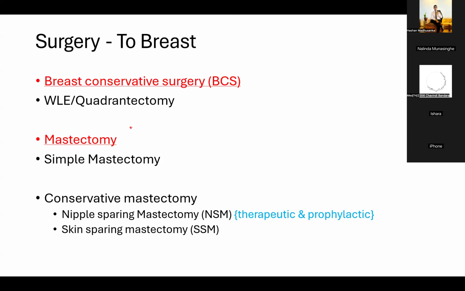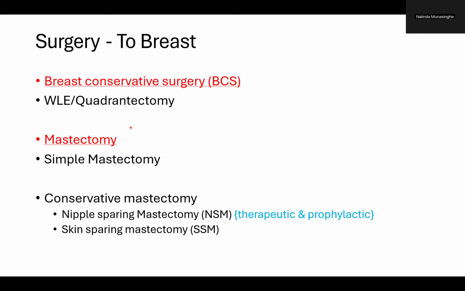We are conserving the skin envelope including the nipple areola complex, then it will be called a nipple sparing mastectomy. Or else, sometimes we have to sacrifice the nipple areola complex because it is intimately involved with the underlying cancer. So we will sacrifice the nipple areola complex with the breast parenchyma. Then we will be conserving only the skin envelope without the nipple areola complex. Then it is called a skin sparing mastectomy.